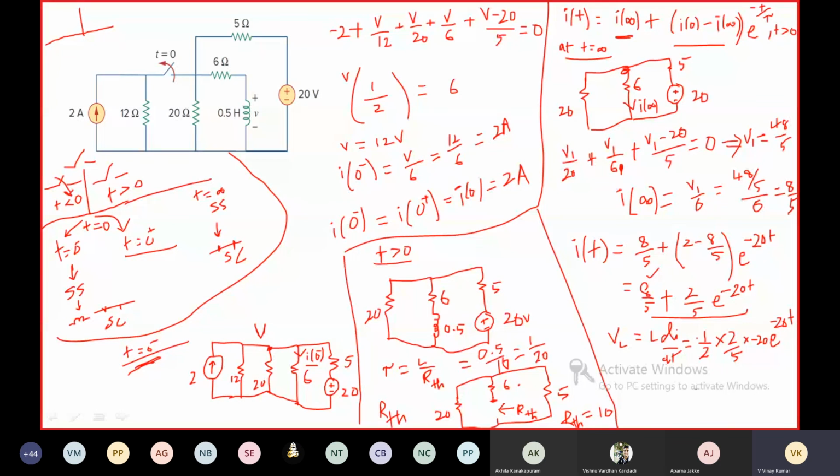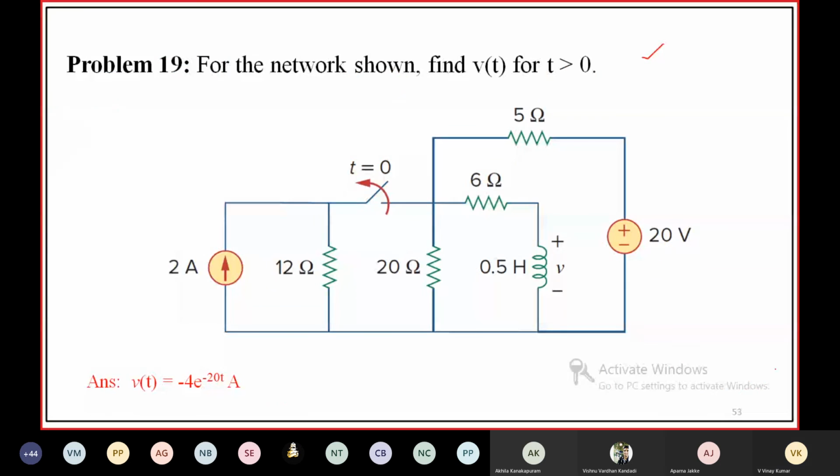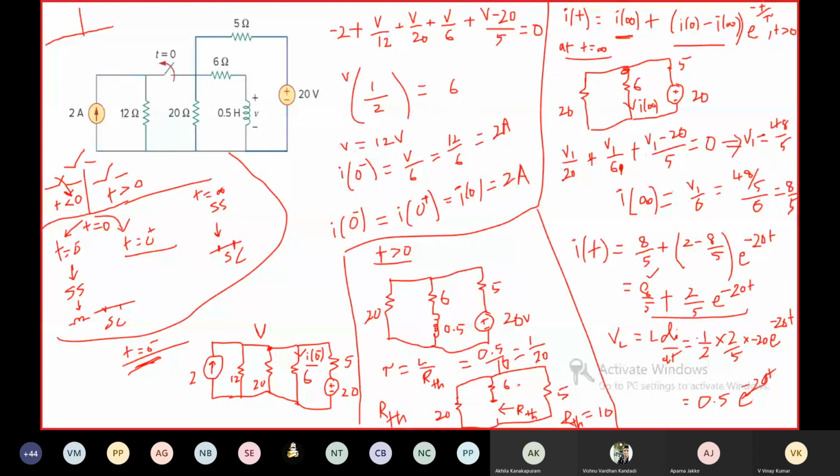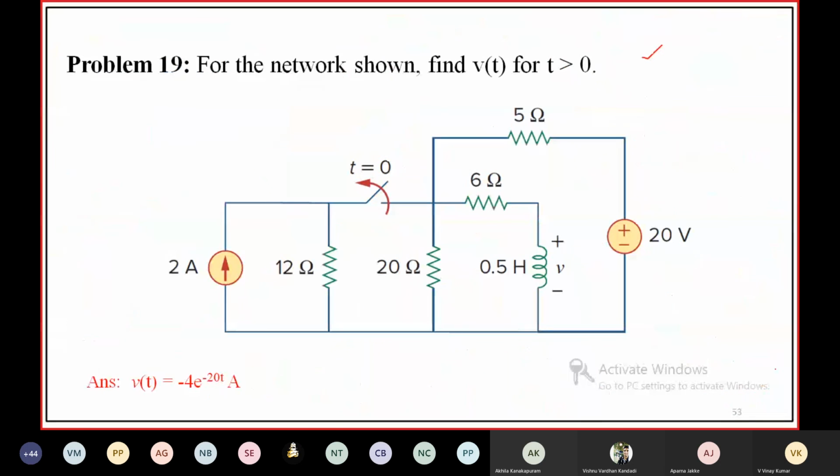Then we are going to get 0.5 into e power minus 20t. It is given as minus 4.